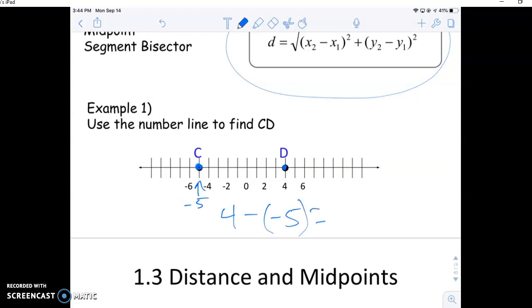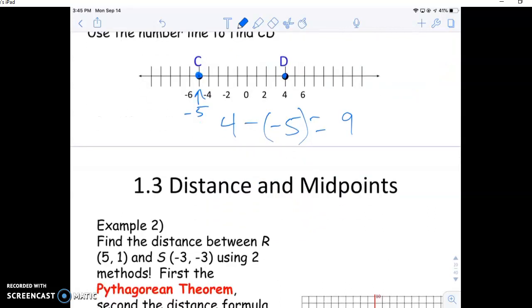And remember, whenever you subtract the negative, you're really just adding, so 4 plus 5 would be 9. So that's the distance between those. Remember, distance can never be negative. You can't get a distance of -9. It has to always be positive.